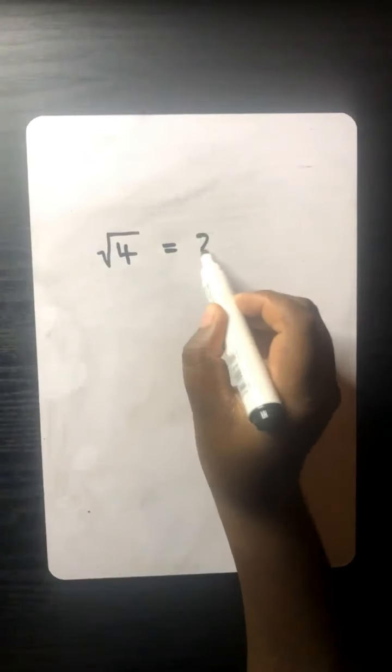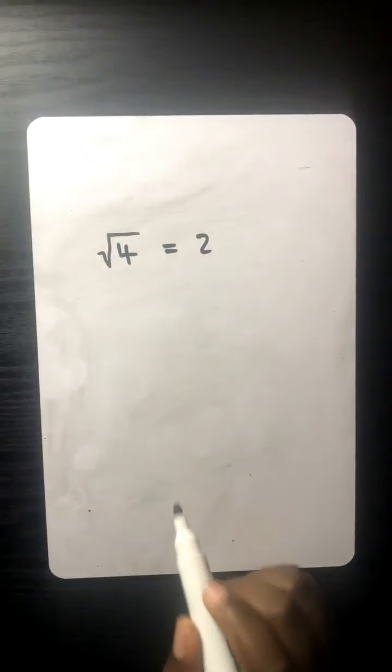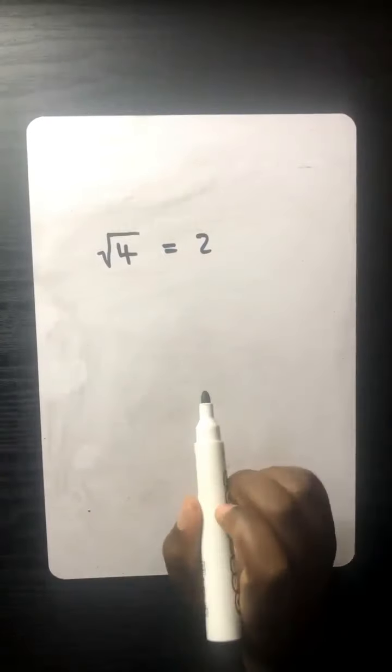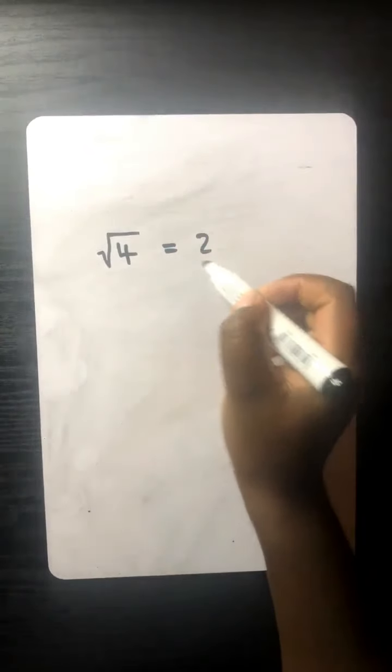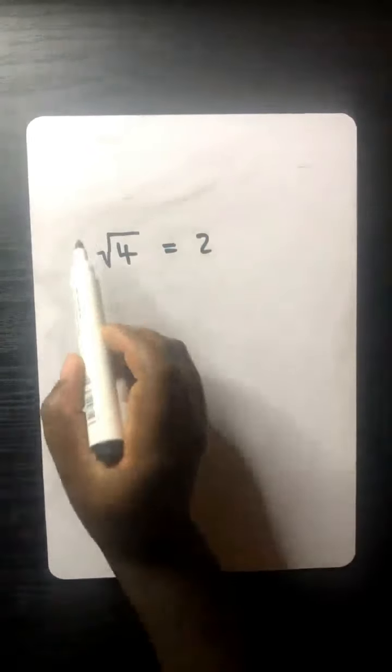Square root of 4. How much is that? What is the square root of 4, guys? It's 2. So let's apply the rules to show that indeed the square root of 4 is 2. Remember, there's an invisible 2 there, and an invisible 1 there.